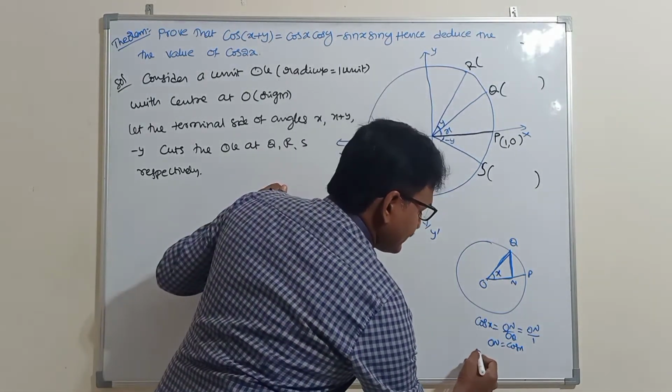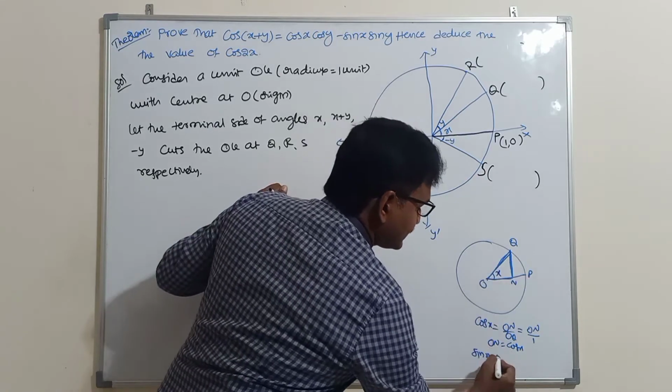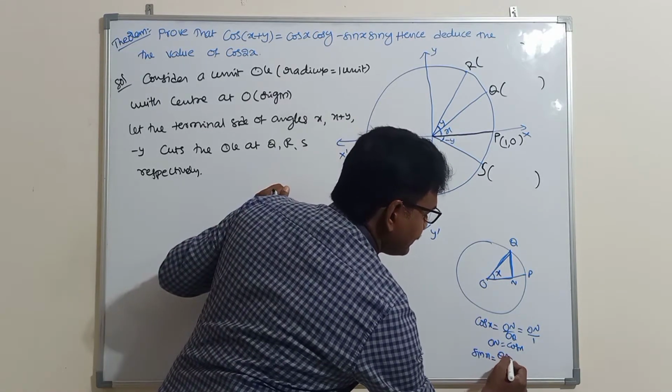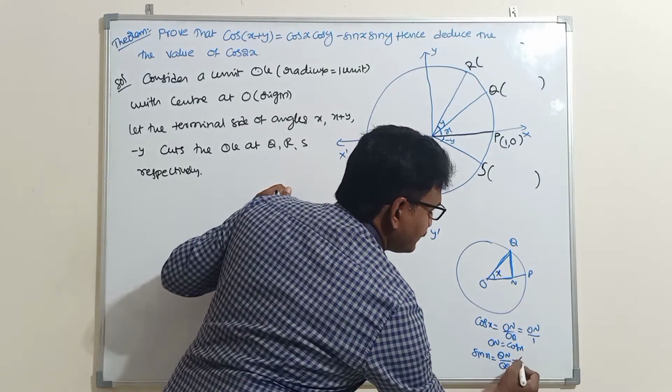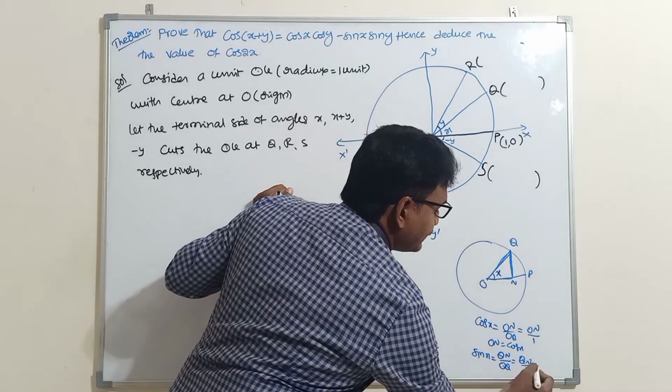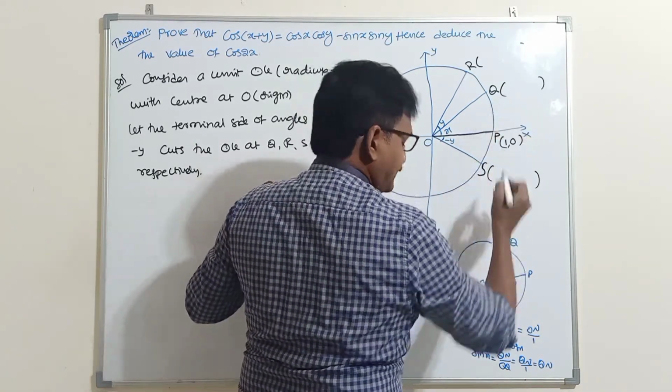Next, similarly, what is the value of sin x? For this right angle triangle, sin x is QN by OQ. QN by radius, which is 1 unit, so it is equal to QN. So therefore what is point Q?